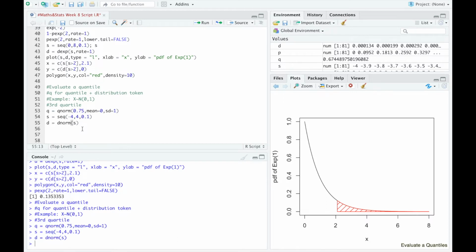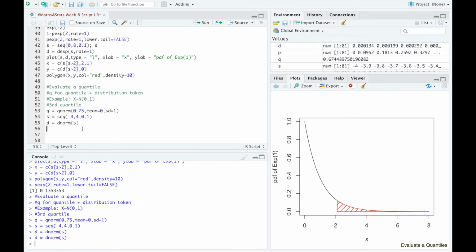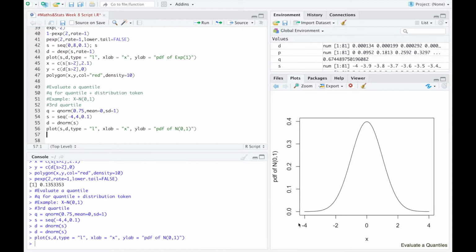Okay, so s and d are done. I have it here, so I'll just copy and paste the commands. The plot of s and d with type l, and this is the PDF of a normal 0, 1.